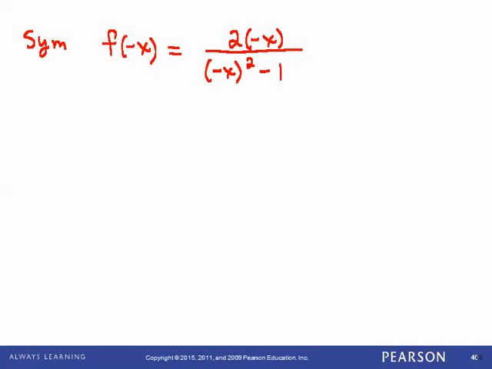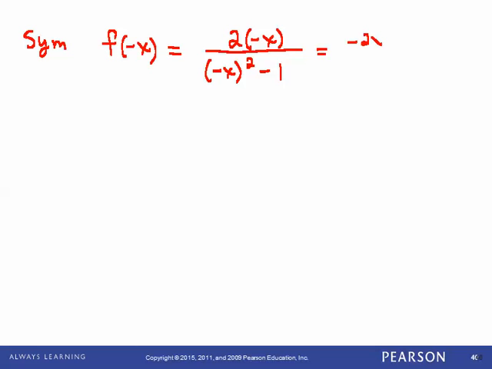So remember with symmetry, all the way to chapter 2, what we do is we plug a -x for x. If it turns out to be the exact same equation we had, we have y-axis symmetry. If it turns out to be an exact opposite of the equation we had, that means we have symmetry about the origin. Cool.